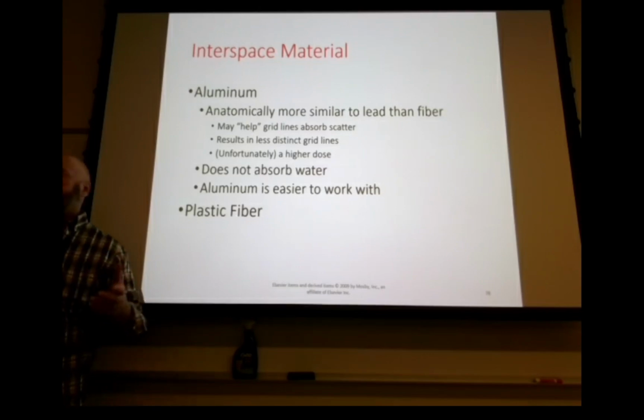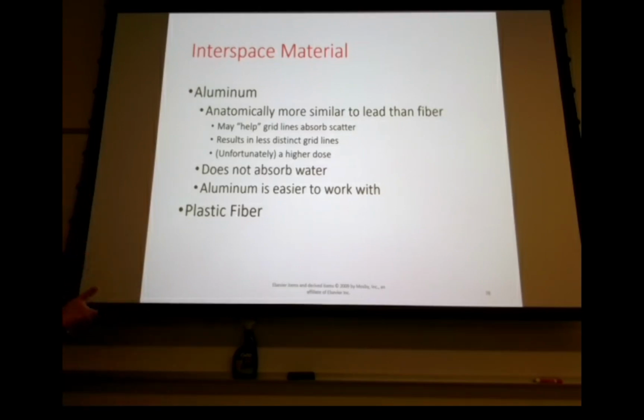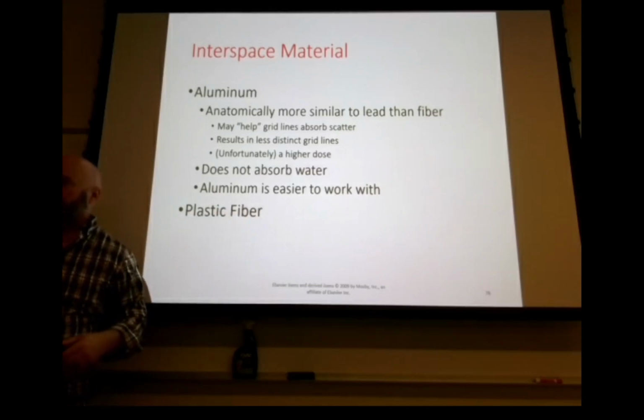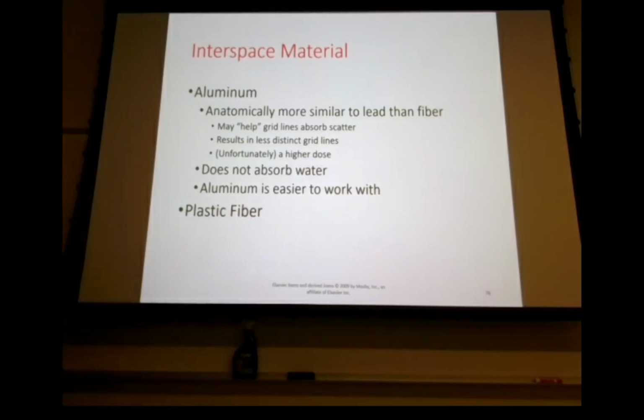So the grid strips become less obvious than if you were to use something like paper or plastic or carbon fiber, where X-rays go straight through. In addition to that, aluminum is probably going to absorb those low energy Thomson narrow angle scatter photons, so you get a little bit better cleanup, plus the grid lines aren't going to be quite so obvious.